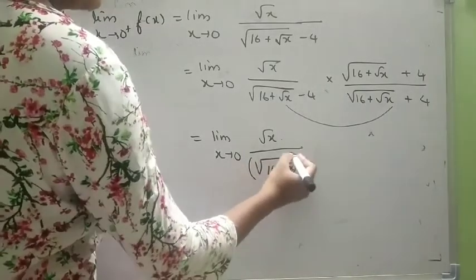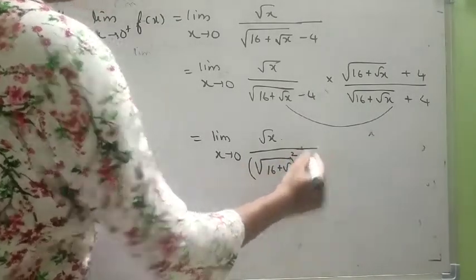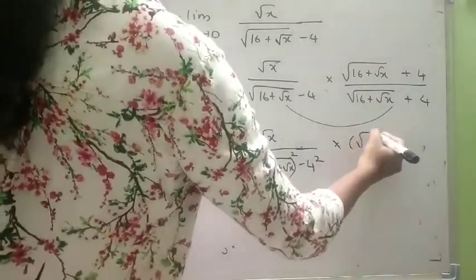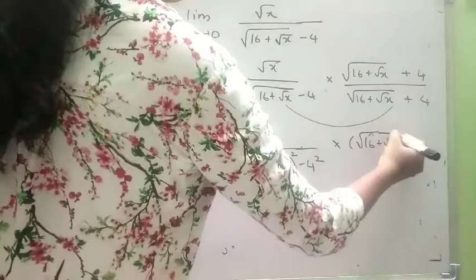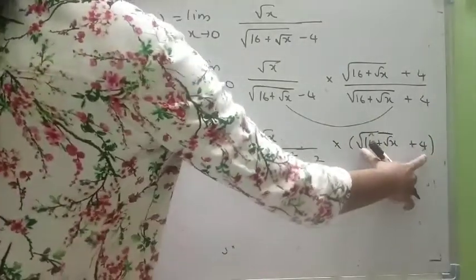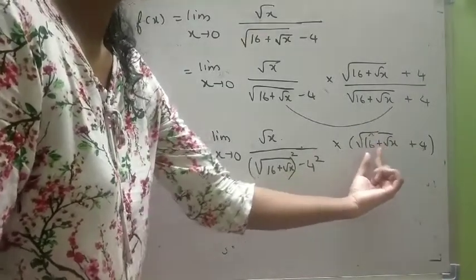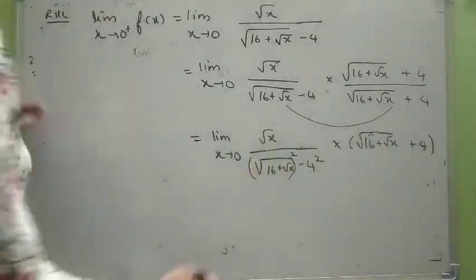This will be a square minus b square. And this extra term, the numerator, keep it there only at the side, and prefer keeping it in the bracket. This is like one term. First you have to solve this one, and then whatever answer you get, you have to multiply to this one.